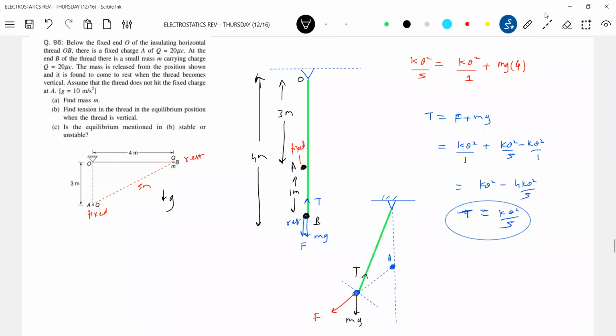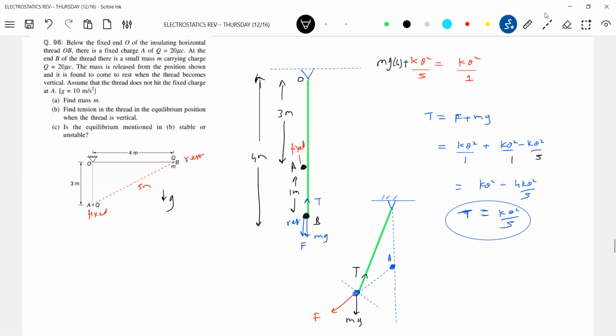In the mechanical energy equation, 4 mg should come on the other side. Initially, it is having gravitational potential. kq square, mg should be 1 by 5.